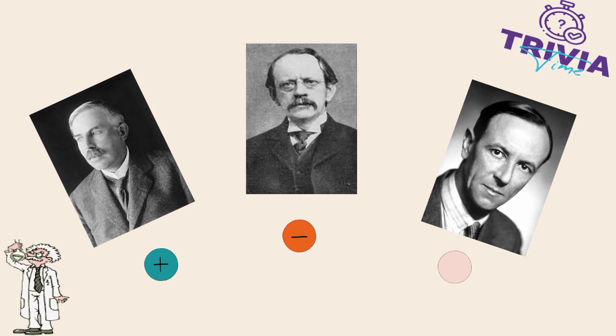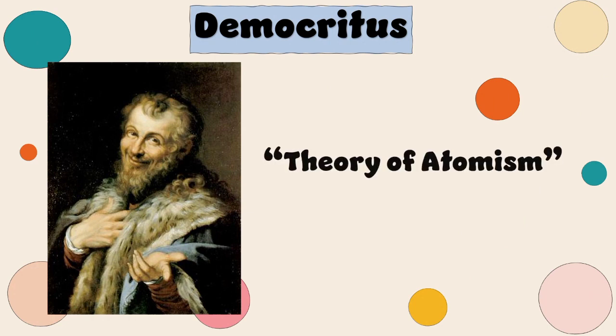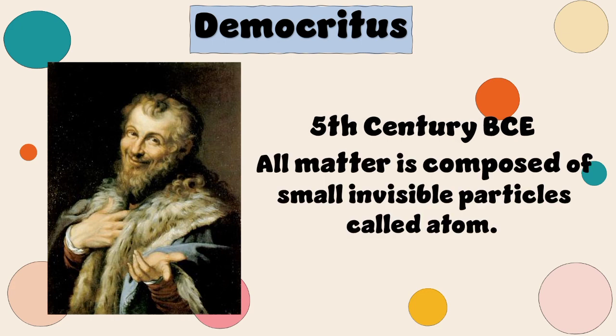It started with the idea of Democritus. He taught the theory of atomism during the 5th century before the Christian era. According to him, all matter is composed of small invisible particles called atoms.